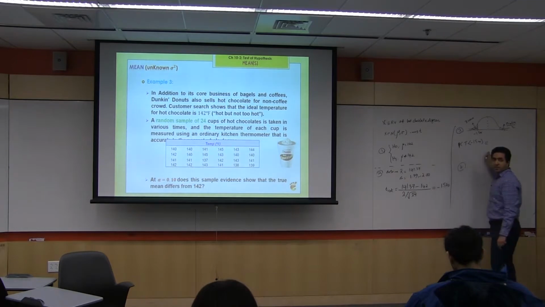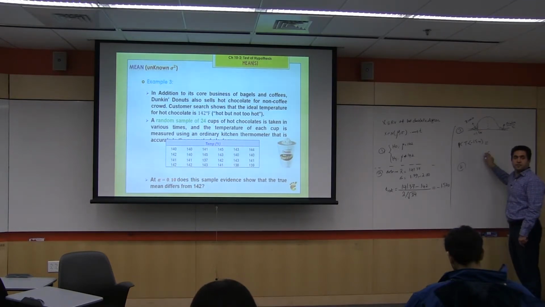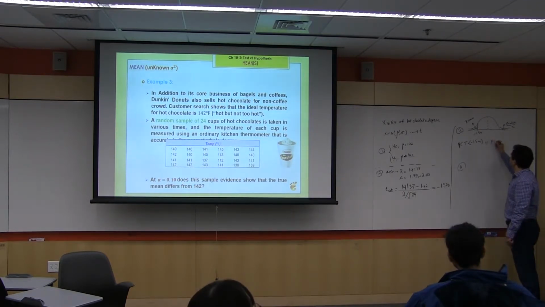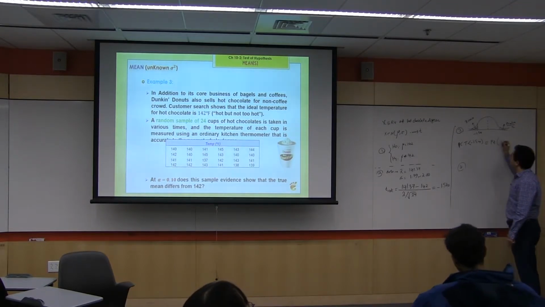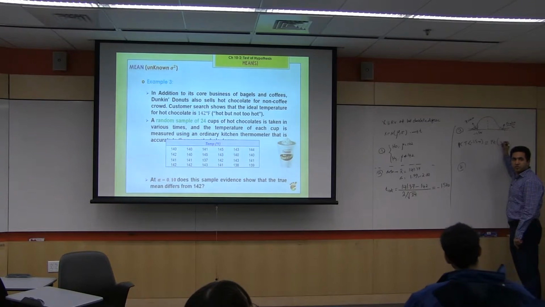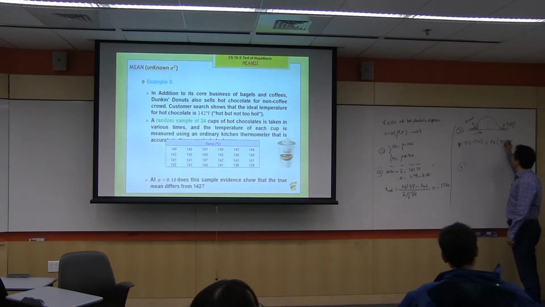The function for that in R is, Mohit? PT, that's it? Okay, pretty cool. So is it x or q? If it is q, then q equals negative 1.54.